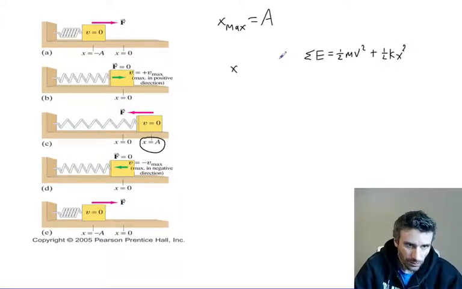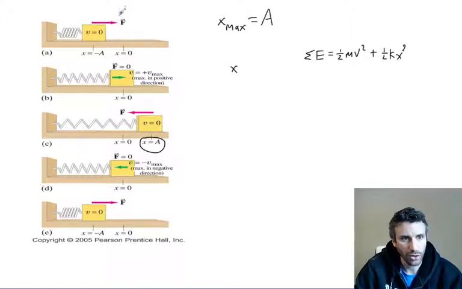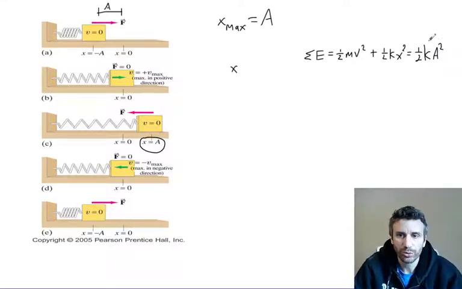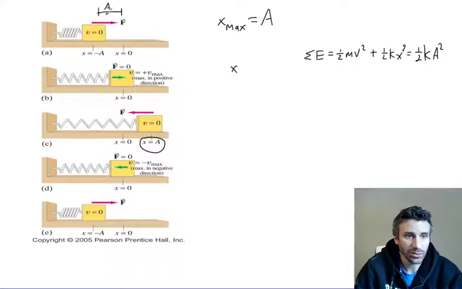Now, when you pull this object all the way to the left, so it is at its maximum displacement of A, then I could say that this is equal to 1/2 kA squared, or x max squared if you prefer. Since we have pulled this thing all the way to one side, we often would denote this as a negative A on this side, and the other side we would have a positive A, right?